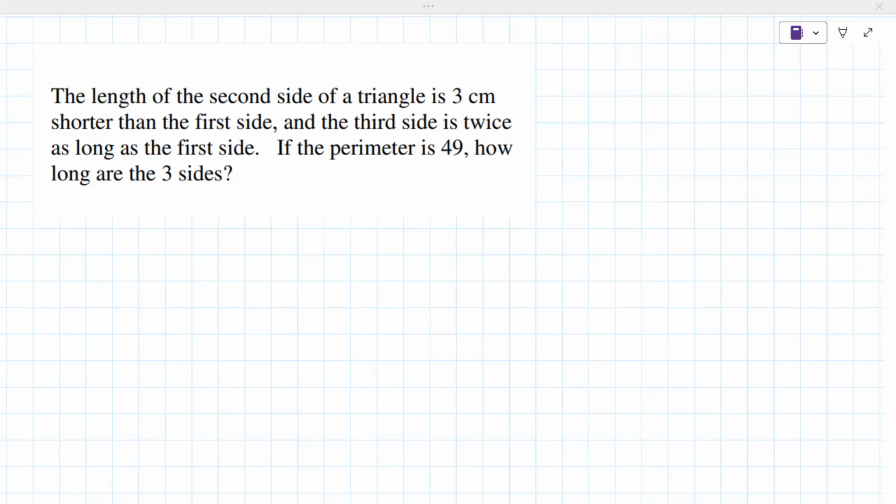These are all systems. All right, let me do this differently. Let's do a different problem here.